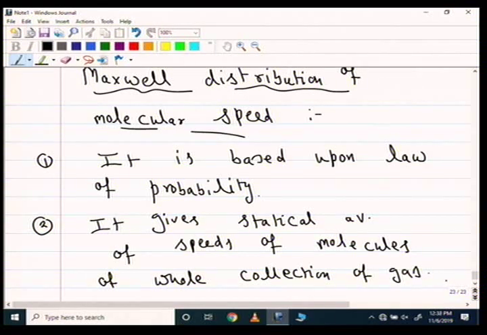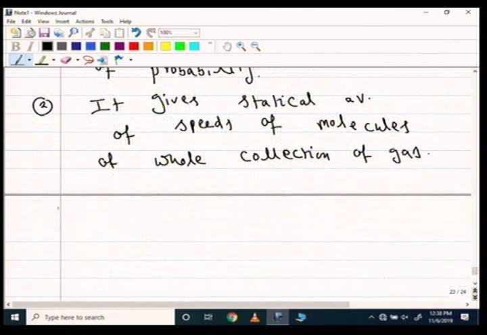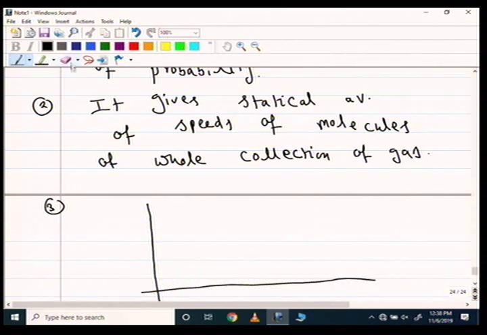Okay? Next, this is the graph. That's what we actually have to understand.